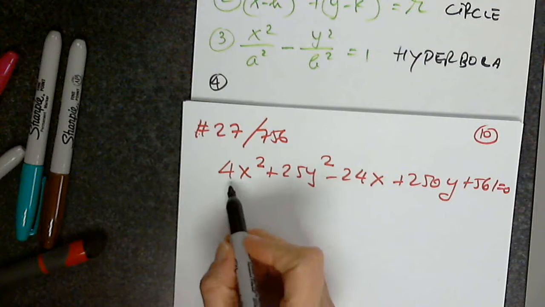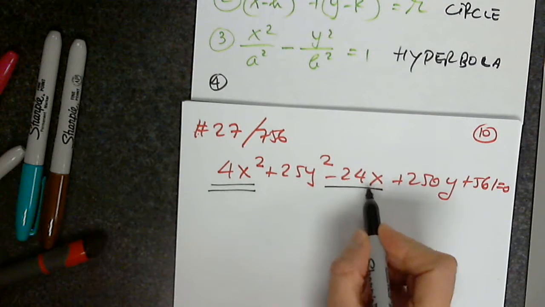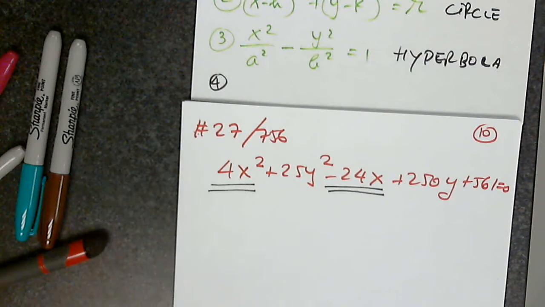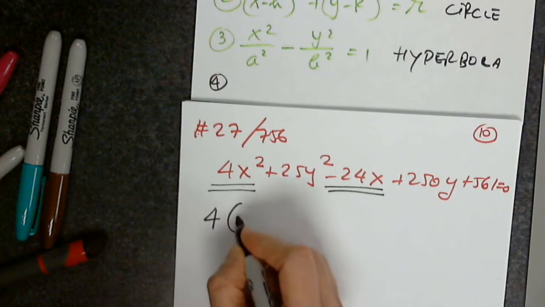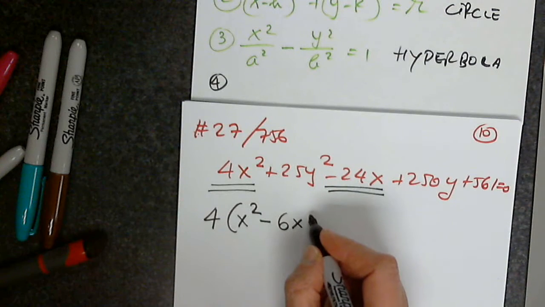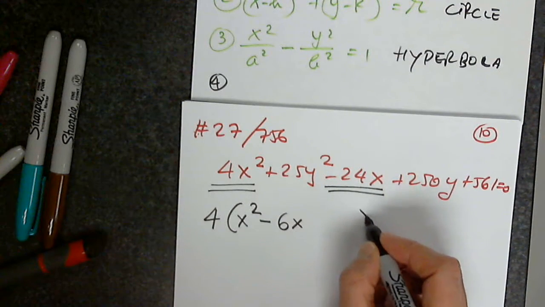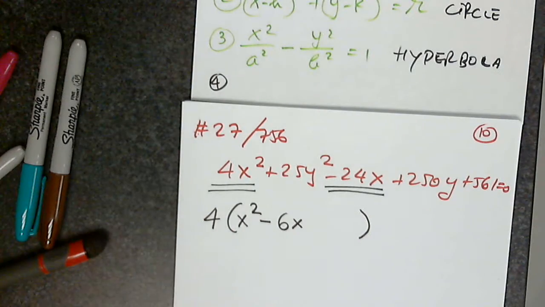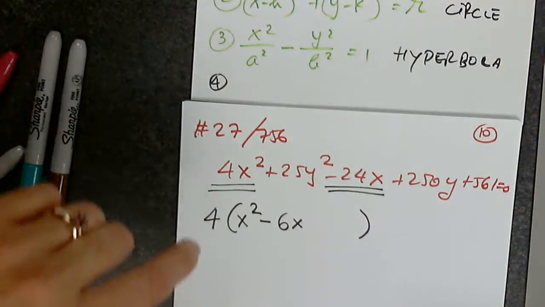So I will look at this term and try to complete the square by first factoring 4 out of only these two terms. So this is 4 in parentheses, x squared minus 6x. Leave some room and we'll come back to it in a second.